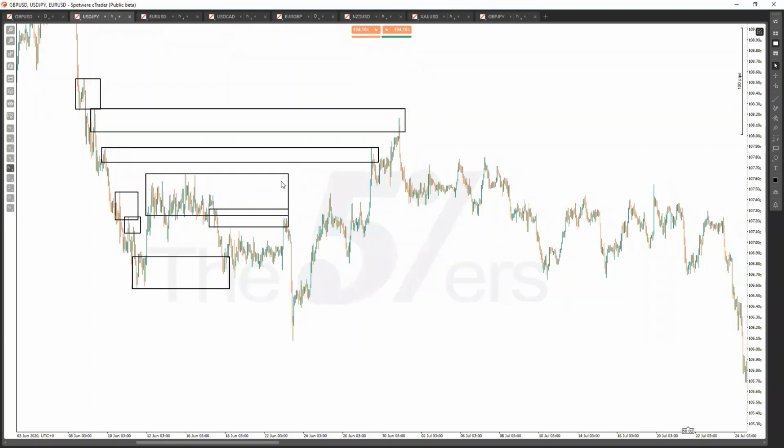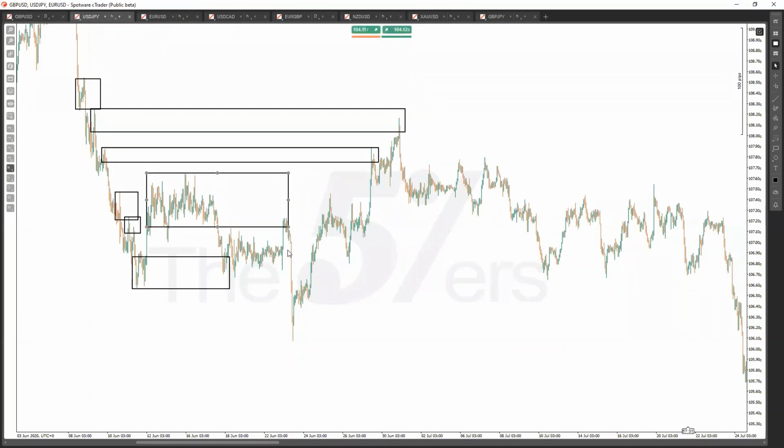Okay, so now we have this demand, reaction to demand, and then price is trying to push up and breaking this formation, this supply. Okay, let's just leave it out so it's going to be easier to be seen. And now price is pushing back.